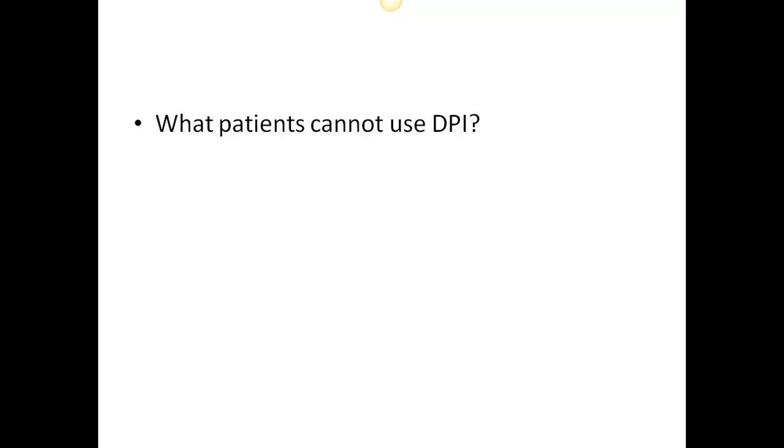So again, we think children under 5 probably cannot generate the airflow. Some 5-year-olds may be able to, or 4-year-olds, but we're going to check that. In general, we say probably that won't work. And again, DPIs are a maintenance medication, so they aren't used for acute drug delivery for active bronchoconstriction. They're more a preventative medication.